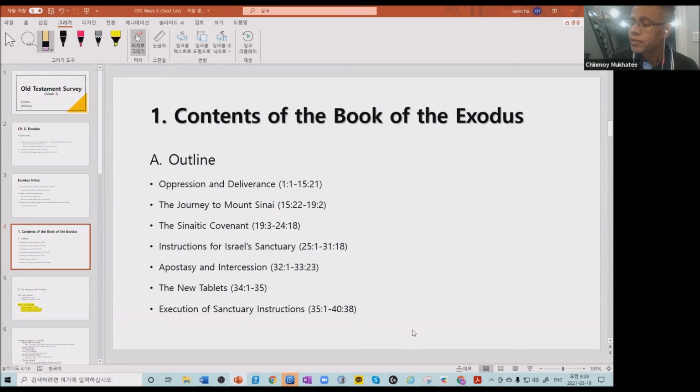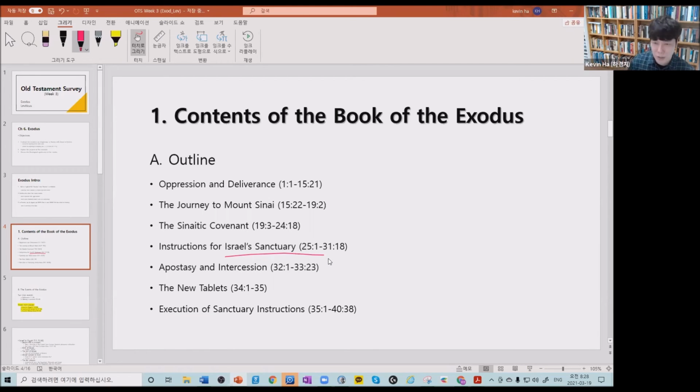Kevin, I forgot the word for Israel's sanctuary: tabernacle. Tabernacle. Yeah, Israel's sanctuary. So each nation, each ethnic group, has their sanctuary. But in Israel's case, we call it the tabernacle.